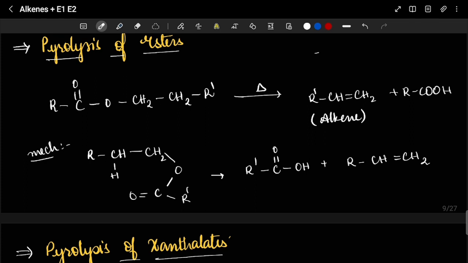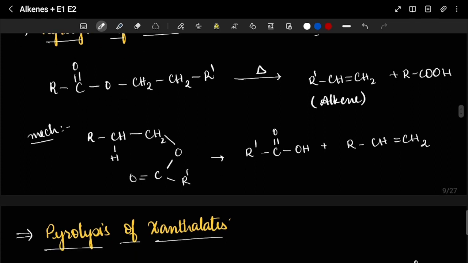So what would happen is, you can see the mechanism. In the ester, the hydrogen will be given out, and then the oxygen. The hydrogen gives electrons, and it comes out, and then this oxygen takes its bond.